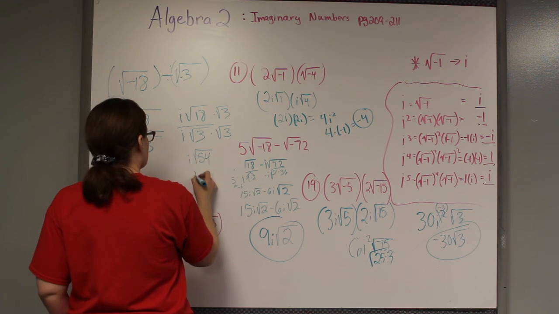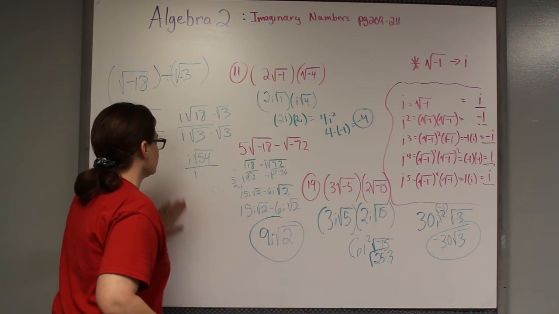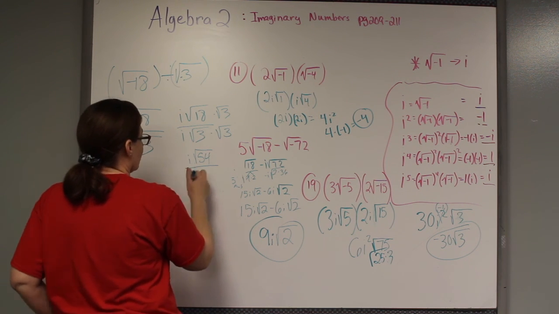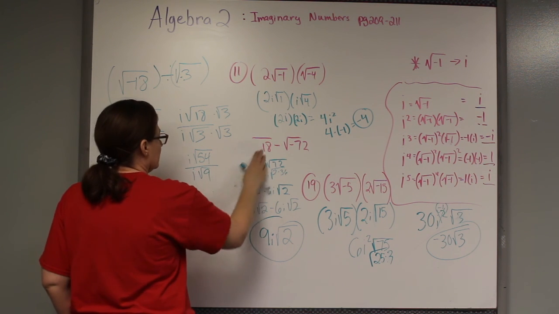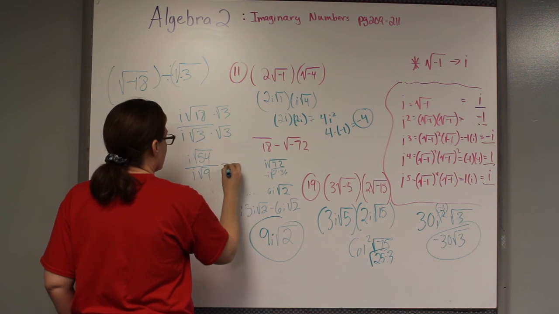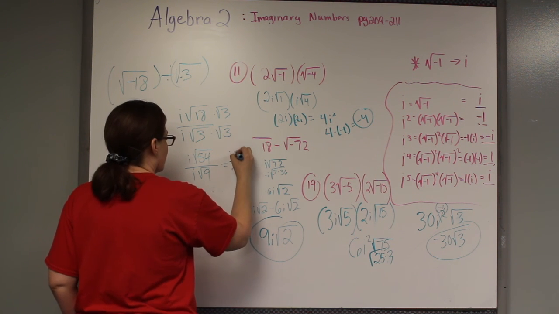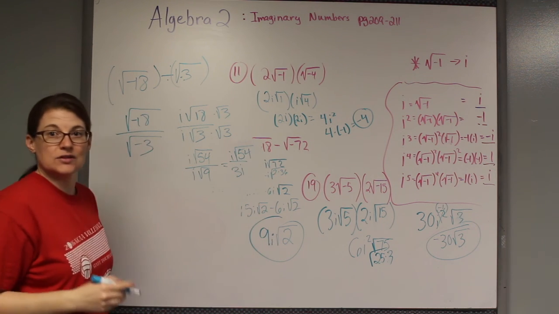And then on the bottom, I'm not just going to have i, I'm going to have i radical 9. Square root of 9 is 3, so I have 3i on the bottom, i on the top, and I have a 54. Now I need to see if I can break 54 down into a smaller radical.